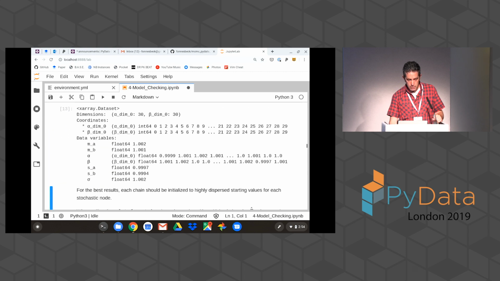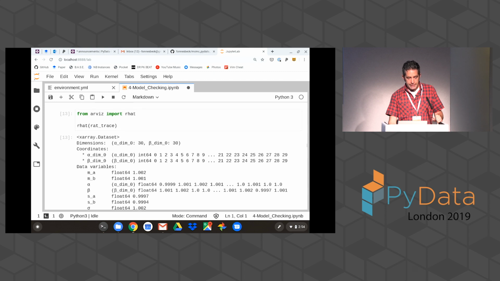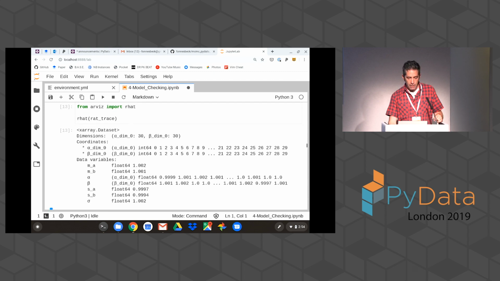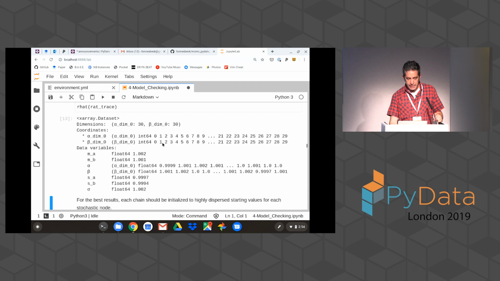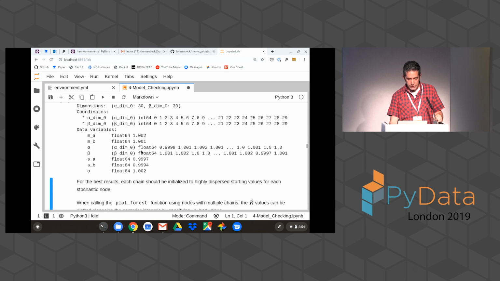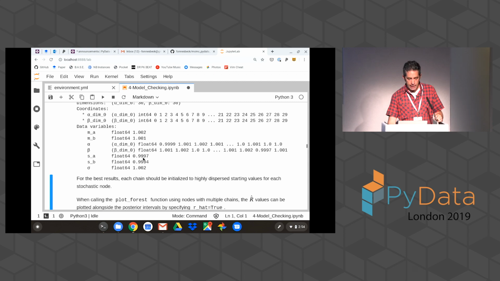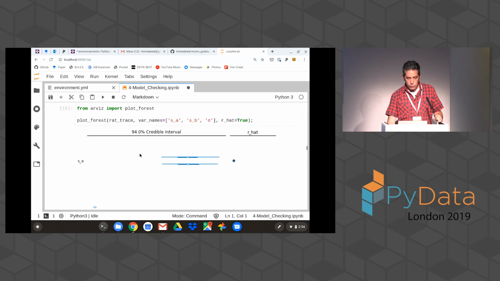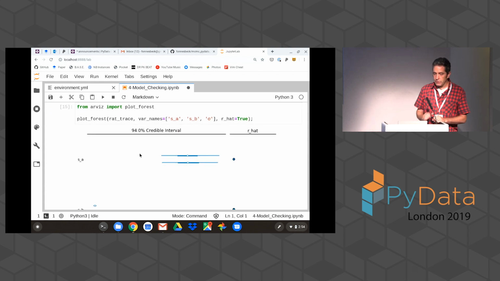So you can pull in the R hat from RVs and calculate them. You can see in here, most of these are around 1. You start worrying if it's 0.8 or less, something like that. And in fact, if you plot, there's a forest plot function.